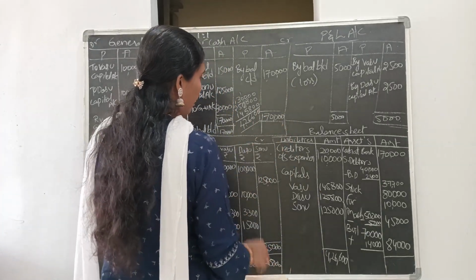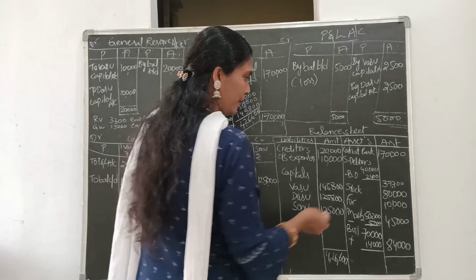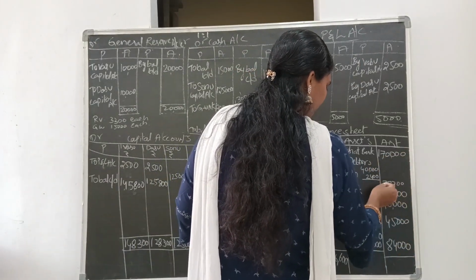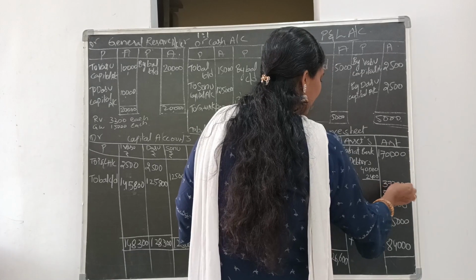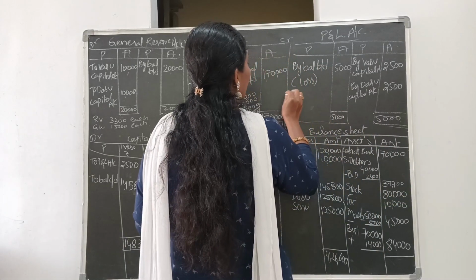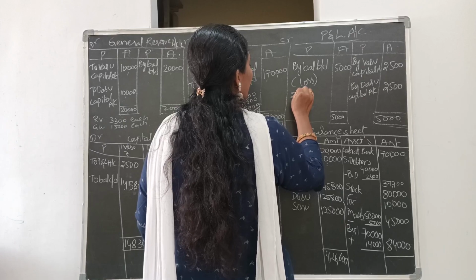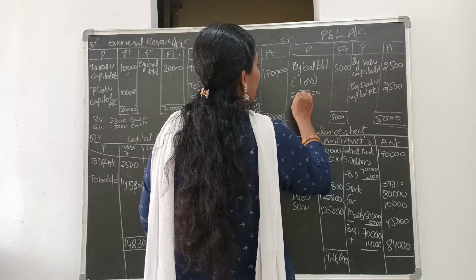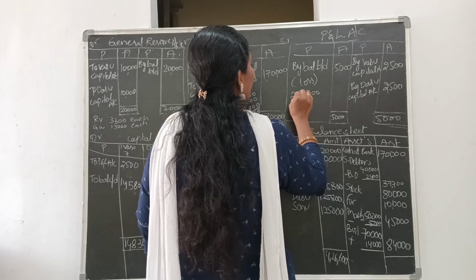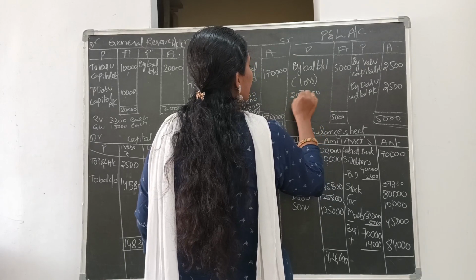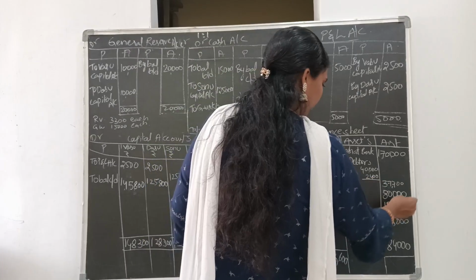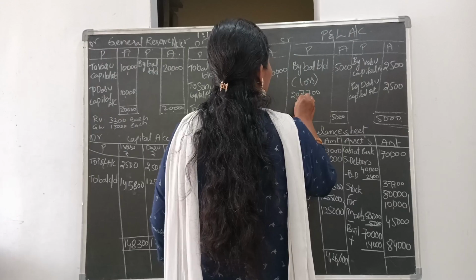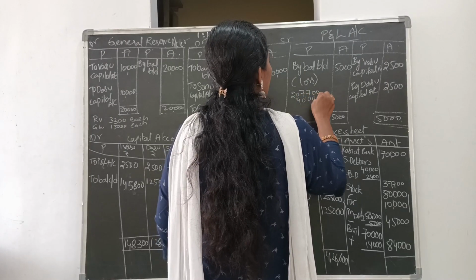I will do the total of assets here. 1,70,000 plus 37,700 is 2,07,700. Next these two, 80, 90, 90,000.